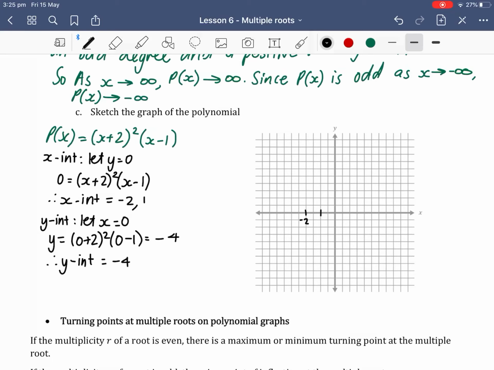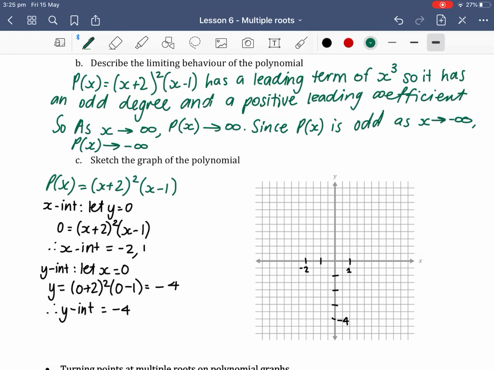So if we were to sketch this, we have our negative 2 here, we have our 1 here, and negative 4. Because it is odd, it is going to start and end at different points, and because it has a positive coefficient, it is going to start down the bottom.